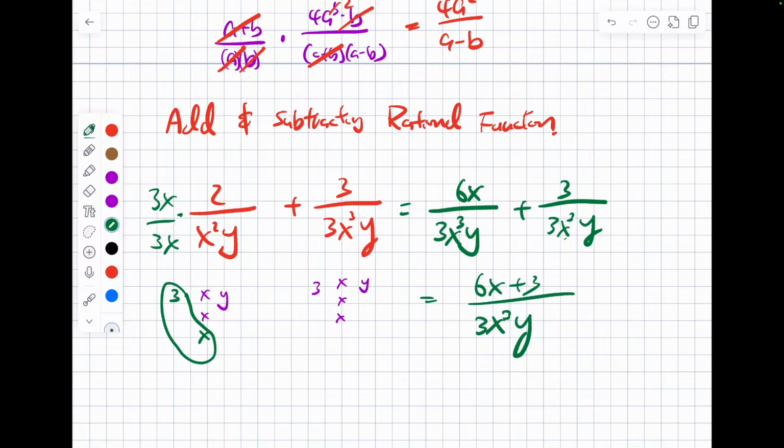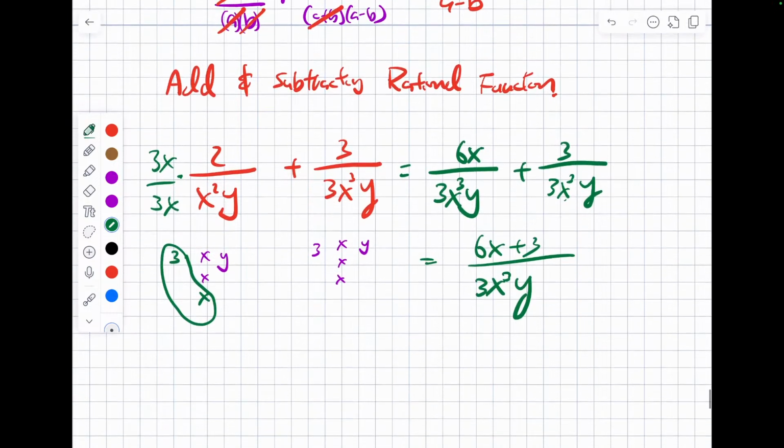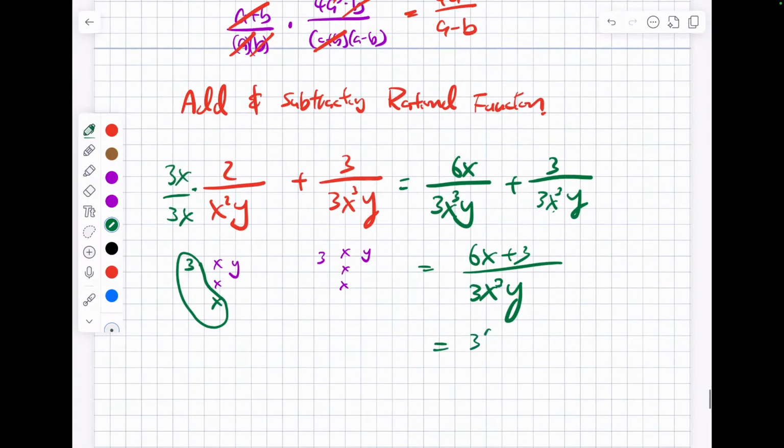Maybe I can factor out, wait, hold on a second. Okay, maybe I can factor out 3 on the top. So it'll be 2x plus 1 over 3x to the third y. So this can cancel out, and it'll be 2x plus 1 over x cubed y.